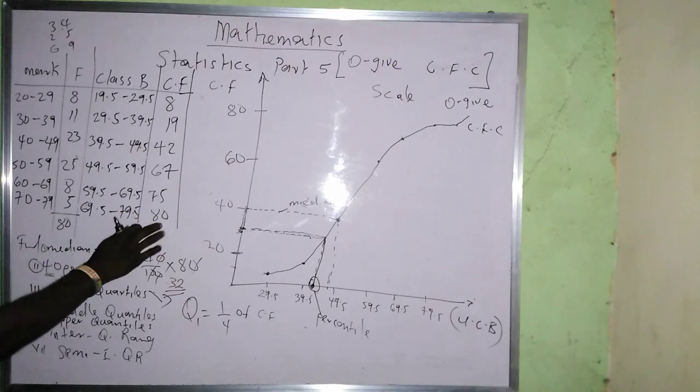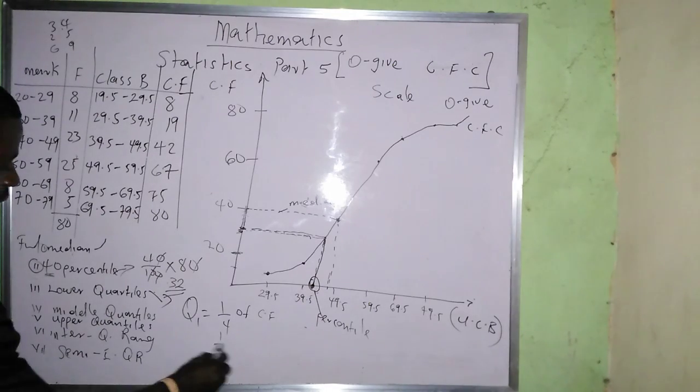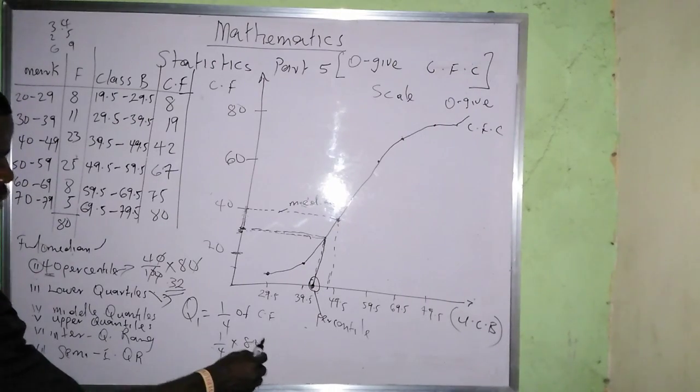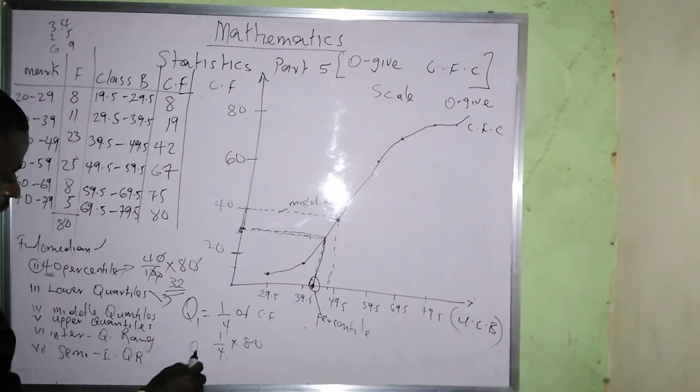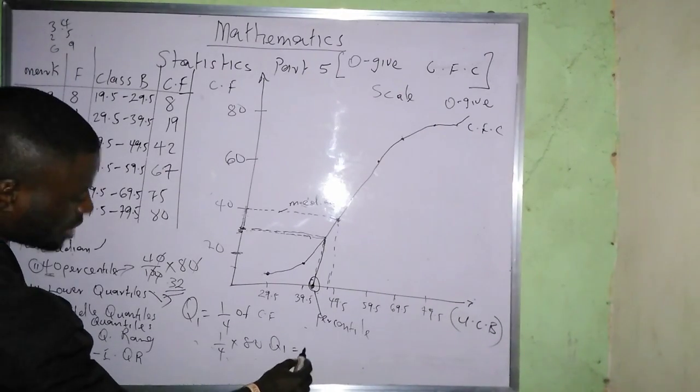My cumulative frequency is 80. So 1 over 4, which means 1 divided by 4 times 80, will be 20. My Q1 is 20.